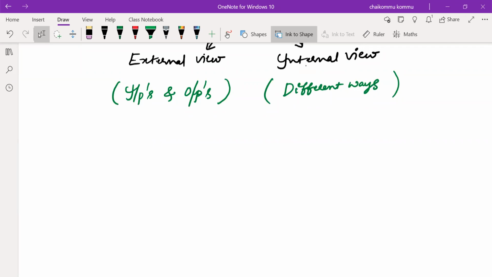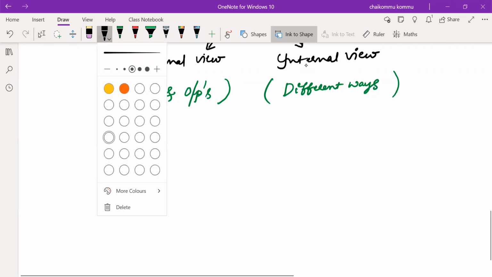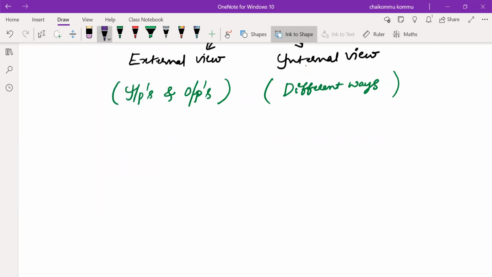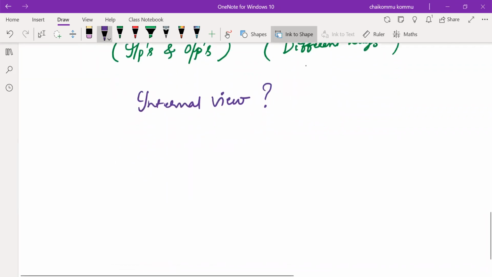So the internal view stands for understanding the behavior of the circuit.